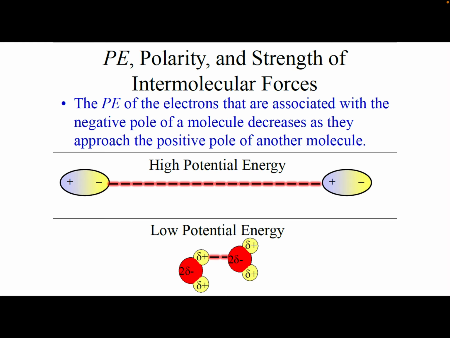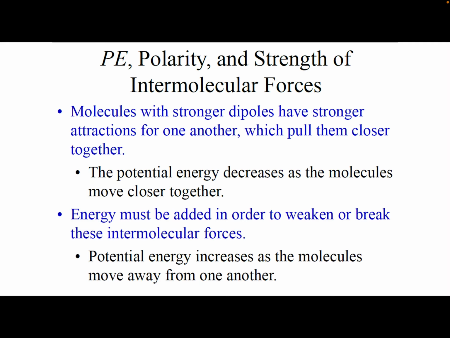The more polar the molecule, the stronger the intermolecular force of attraction and the lower the potential energy. Molecules with stronger dipoles have stronger attractions to each other, and the potential energy is going to decrease as the molecules move closer together. Energy has to be added in order to weaken or break the bonds, so potential energy will increase as the molecules move away from each other.